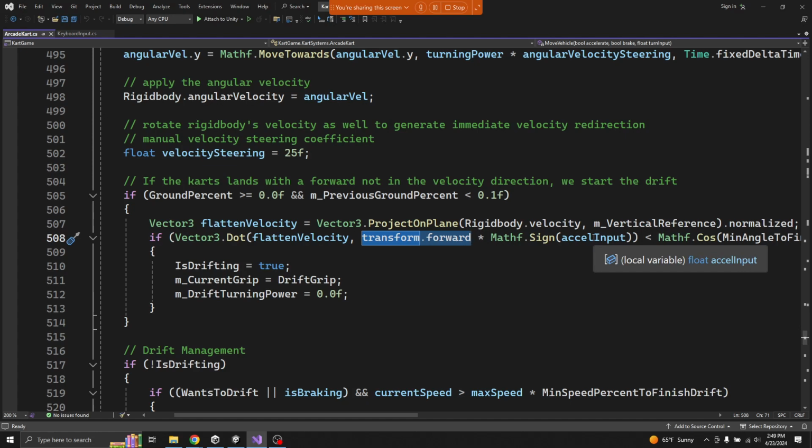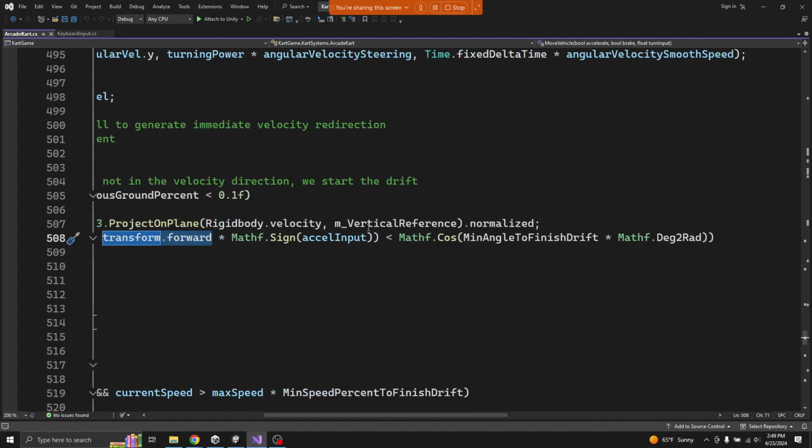Okay. So basically it's saying accelerate input is a float. If our acceleration is forward, we're accelerating positively, we're moving forward, this would return, I'm going to assume, a +1, but let me just take a look at that.